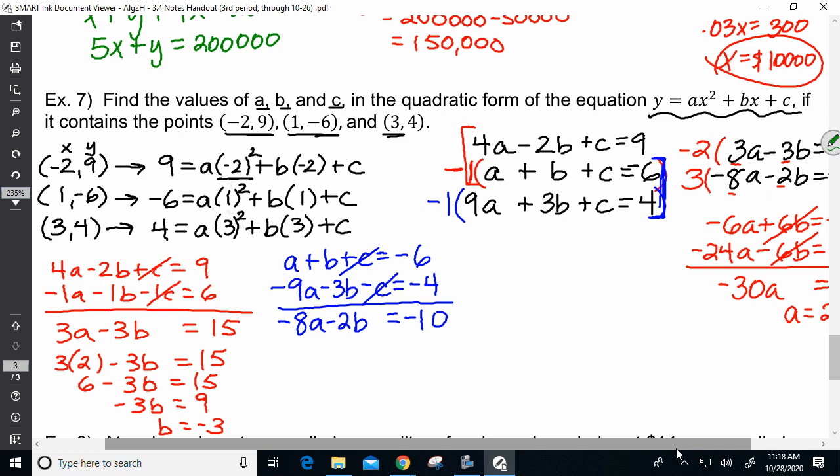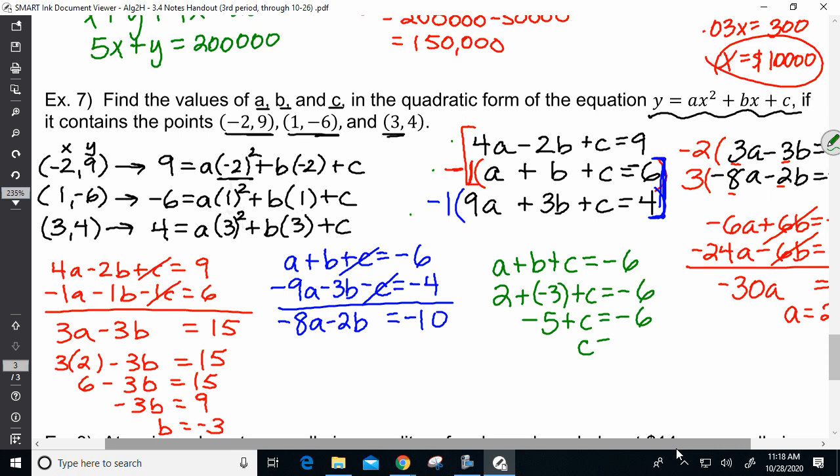Go back to our original equations and plug one of them in. So I'm going to use the middle equation. A was 2, B was negative 3, plus C equals negative 6. Negative 5 plus C equals negative 6.